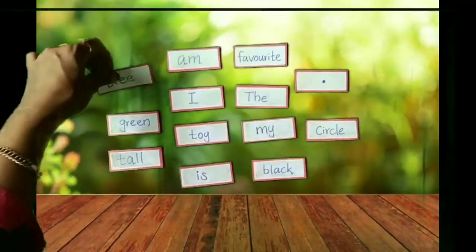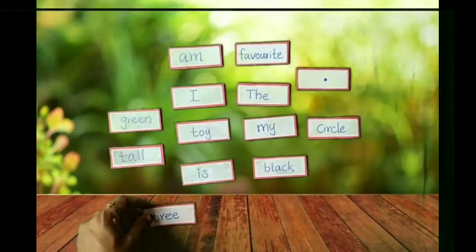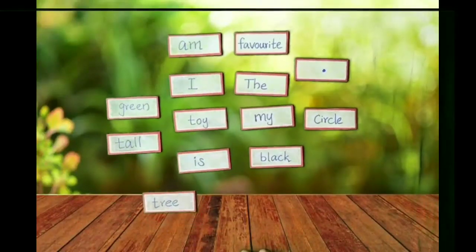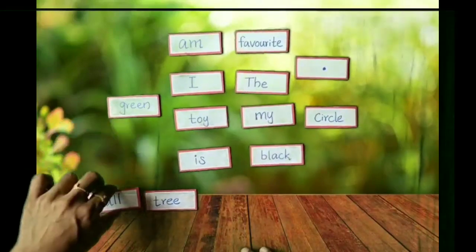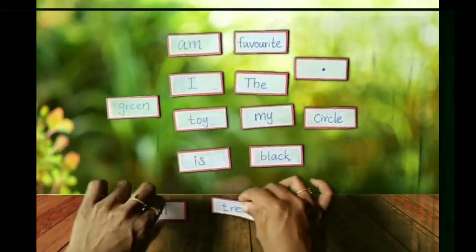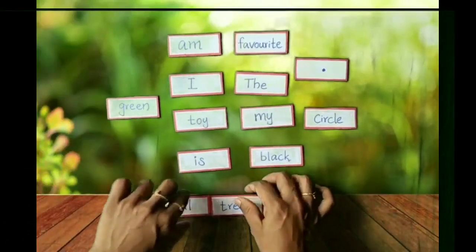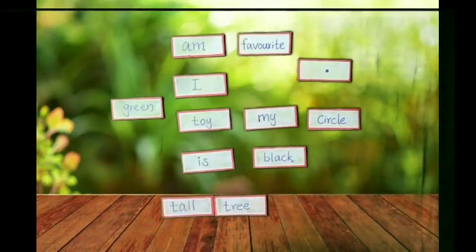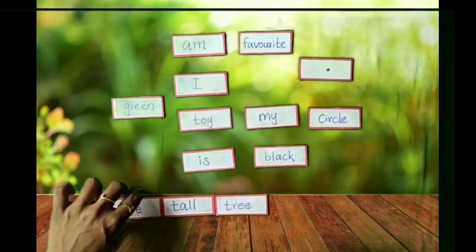Yes, here let's take the word tree. Okay, then let's take a describing word for this tree. We can take the word tall. So now it is a tall tree. Then let's make a sentence with this describing word.